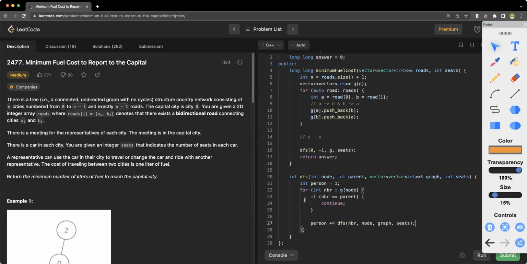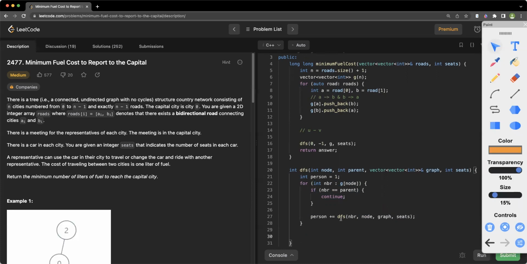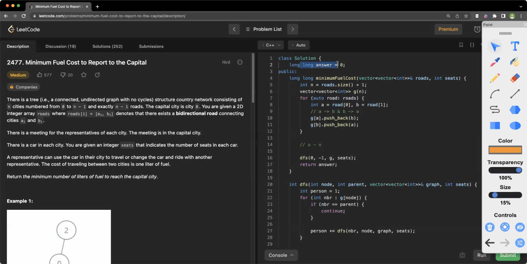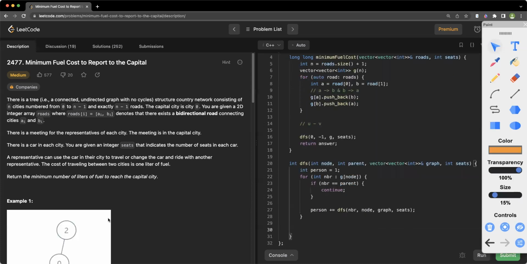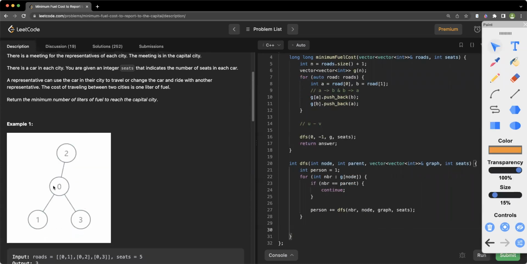After computing all the persons coming to this node, we update the answer. We don't update the answer when we are at 0, because 0 is our destination, so we don't have to go anywhere.